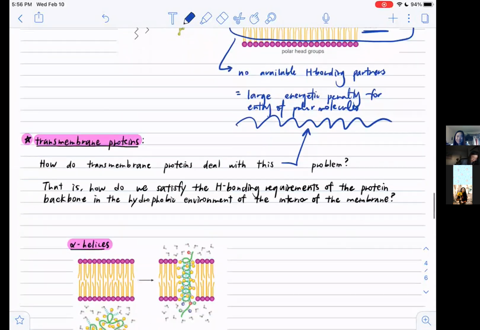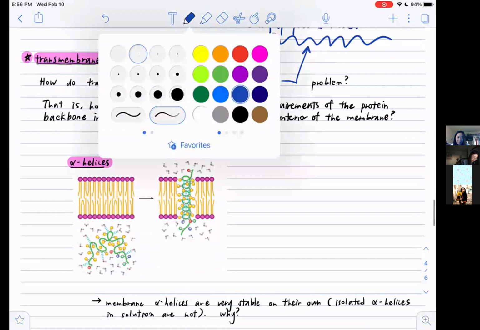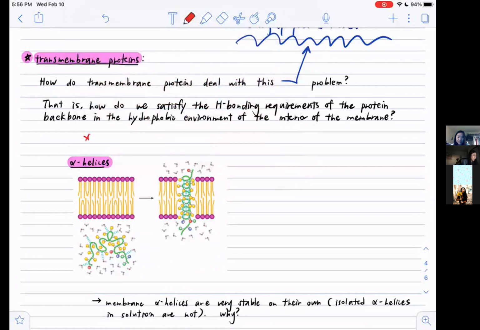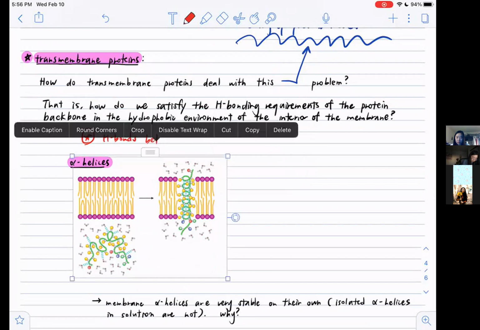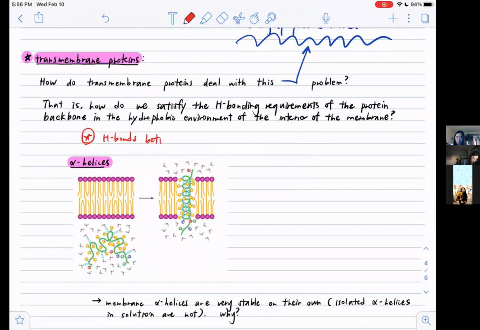And the answer we already talked about when we talked about secondary structure, and that's that hydrogen bonds form between different regions of the backbone, AKA secondary structure.